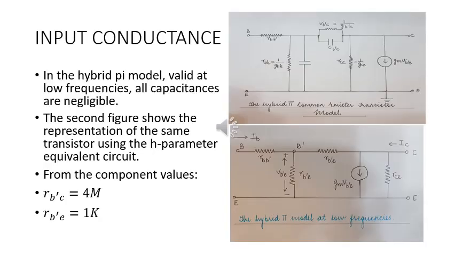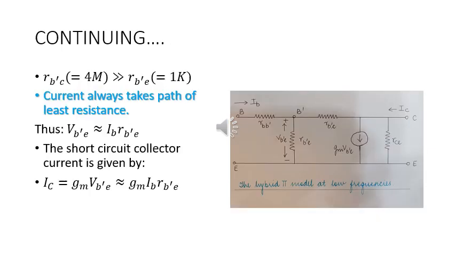In the hybrid pi model valid at low frequencies, all capacitances are neglected. The second figure shows the representation of the same transistor using the h-parameter equivalent circuit. From the component values, we know that rb'c is equal to 4 megohm and rb'e is equal to 1 kilohm. So rb'c is much larger than rb'e.